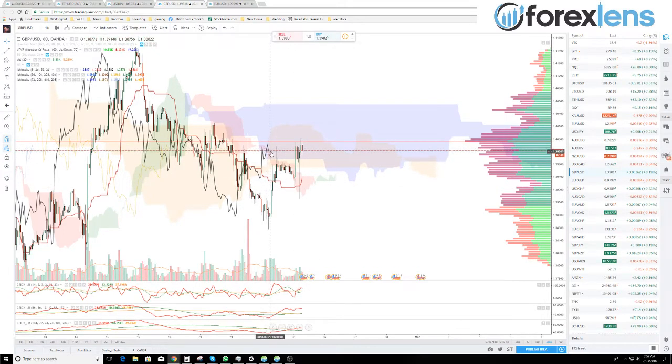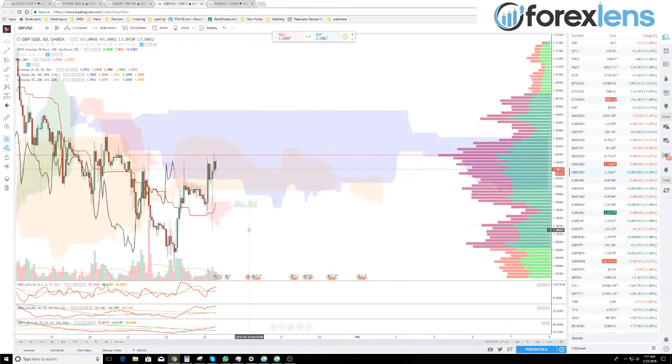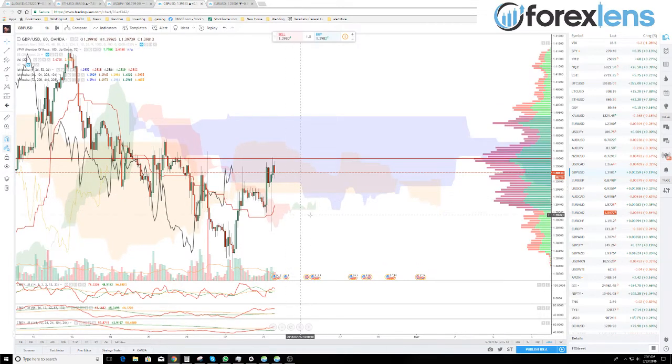You know, the lagging span, when I say when it crosses the cloud, I really don't consider this thin area to be a cloud. That's not much of anything. So we're not looking to take a trade yet. We should be looking to take a trade on a break below the cloud here again, which would be a break below the 8 hours. So we're looking at the 139.29.